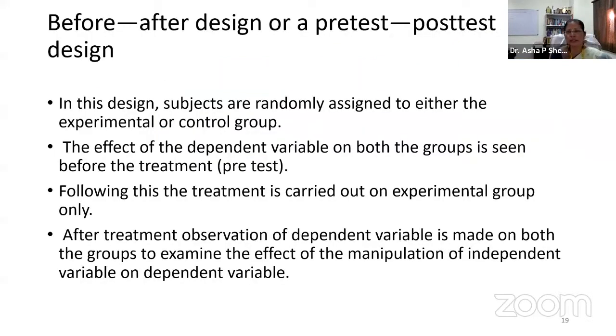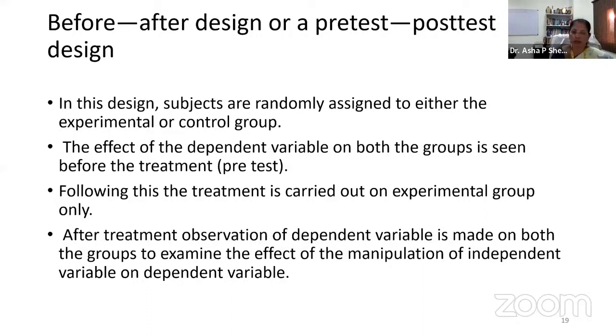We move on to the next design, that is the before-after design, or in the nursing books generally we say pre-test post-test design. Pre-test post-test control group design is also how it is given in the book. In this design the subjects are again randomly assigned to either the experimental group or the control group, and the dependent variable on both the groups is seen before the treatment, that is, we have a pre-test.